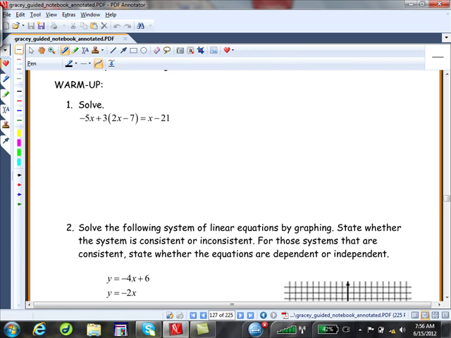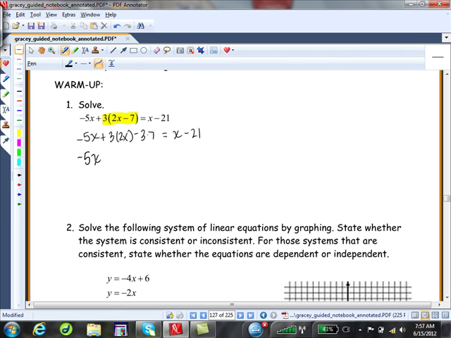Here we go. We need to distribute the 3 throughout this quantity. So we'll get negative 5x plus 3 times 2x minus 3 times 7 equals x minus 21.